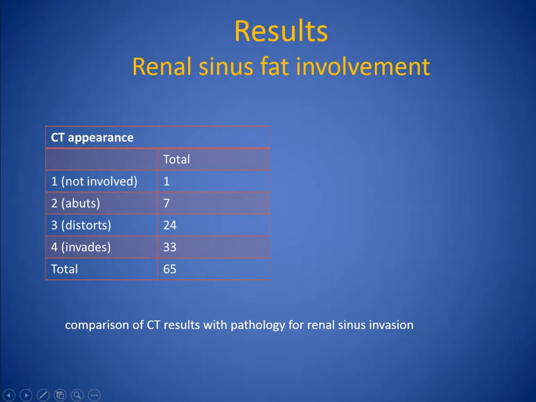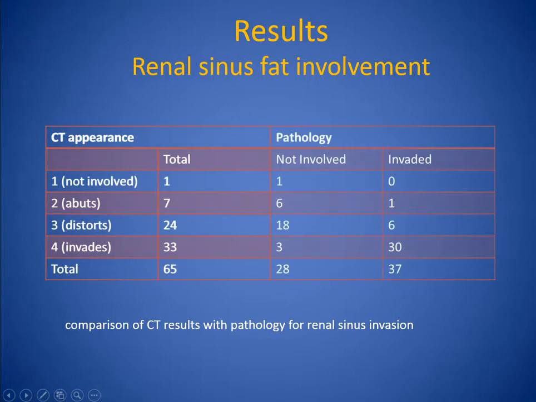So when it comes to renal sinus fat involvement, this was the spread. 1 out of 65 did not have any involvement, 7 abuts, 24 distorts, 33 with a score 4.